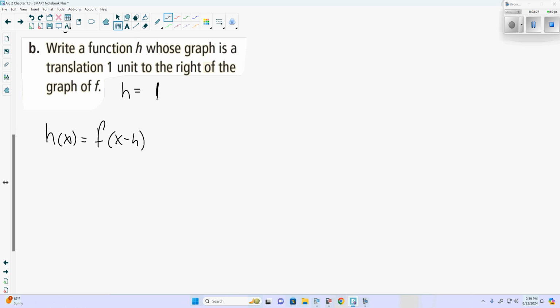Let's plug in our value of h. Because it's going to be x minus positive 1. But when we plug it in, it now looks negative. Because once it goes inside those parentheses, it's the opposite of what we think. Does that make sense? Yes. Inside the parentheses or absolute values, it's opposite of what we think.